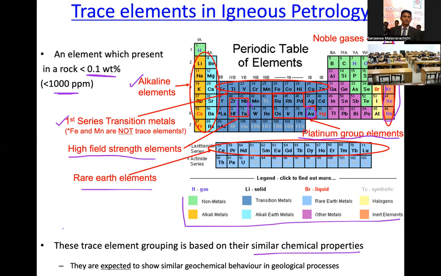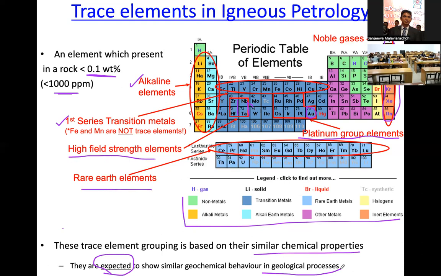So in other words, they are expected to show similar geochemical behavior in geological processes, right? So we are expecting they will show some similar geochemical behaviors based on their chemical properties in geological processes.